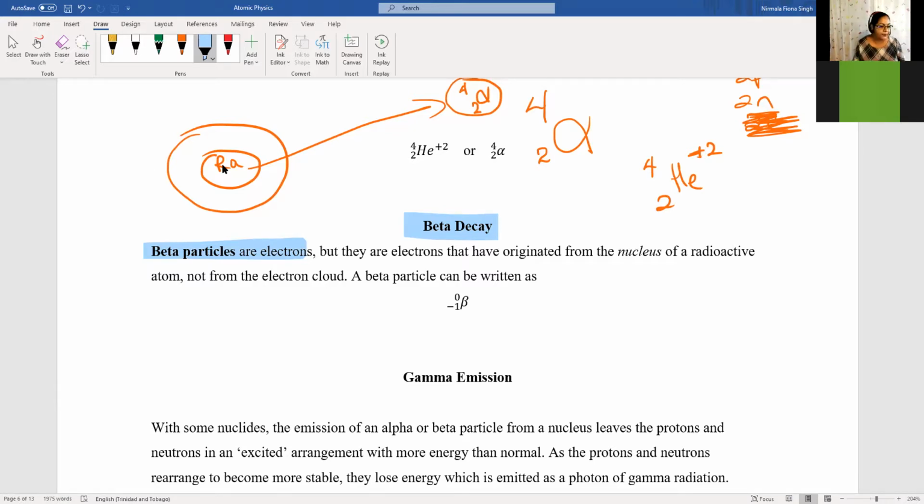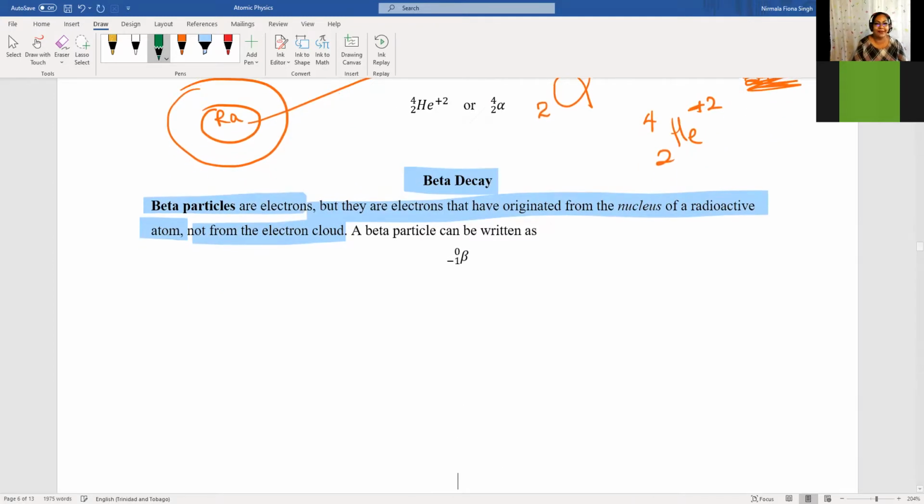Nope. What they actually are is electrons that have originated within the nucleus of a radioactive atom and not the electron cloud. The atom is far more complex than you all could dare to imagine.